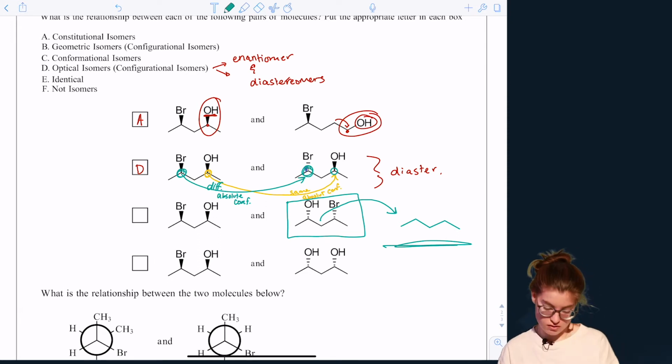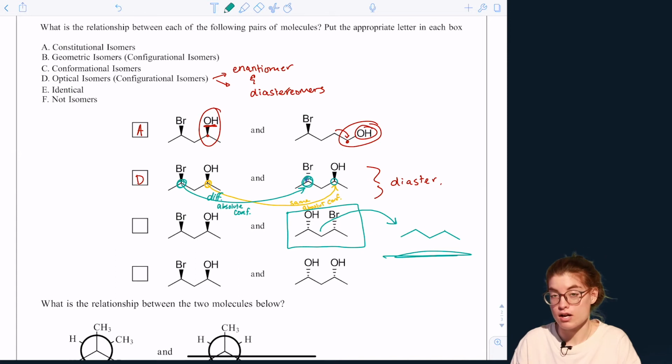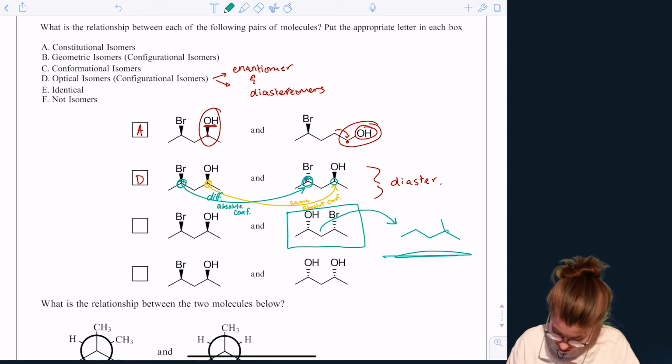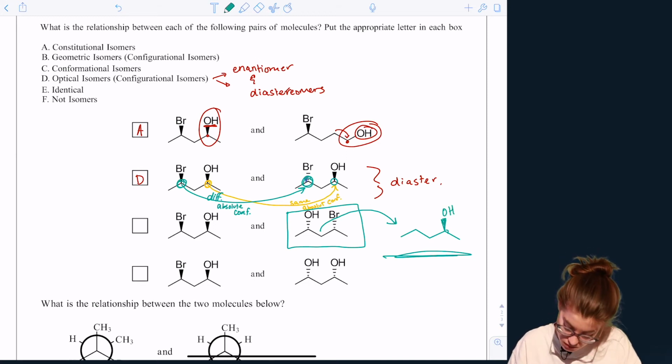If I just imagine flopping it, my OH, which was on a dash, will now be on a wedge. And same thing with my bromine. My bromine, which was on a dash, will now be on a wedge.